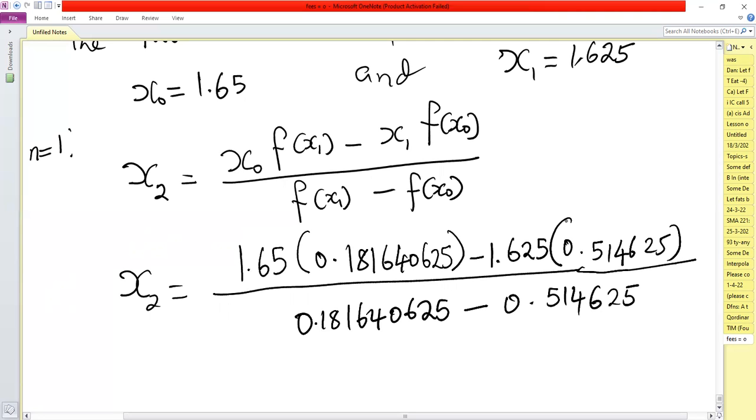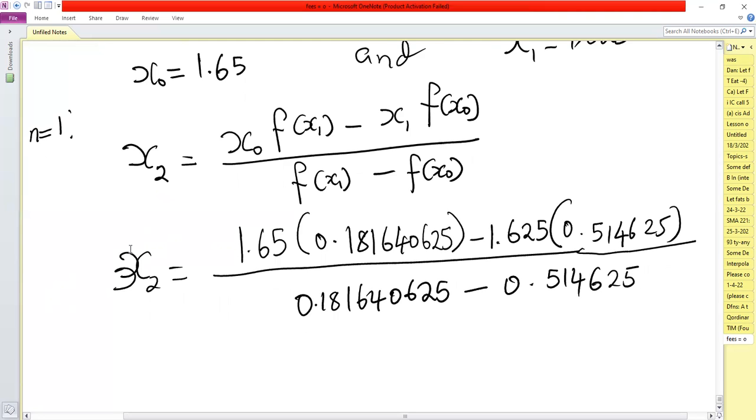Now use your calculator to confirm that x2 will be given by 1.611362677.